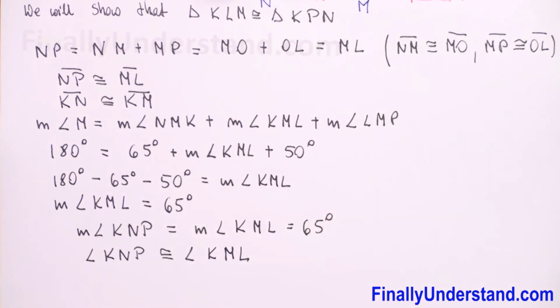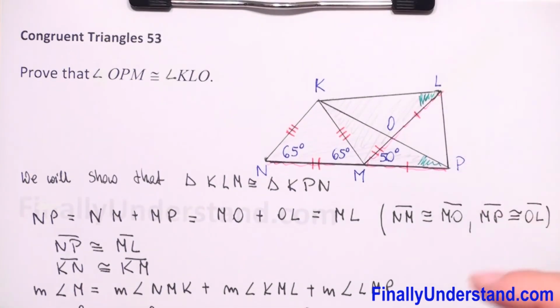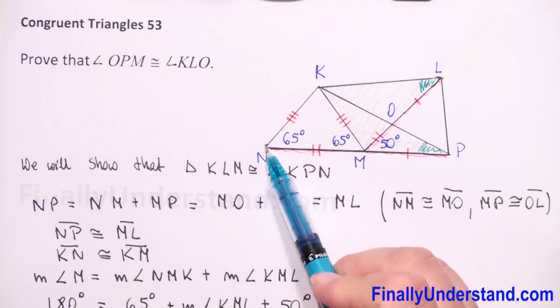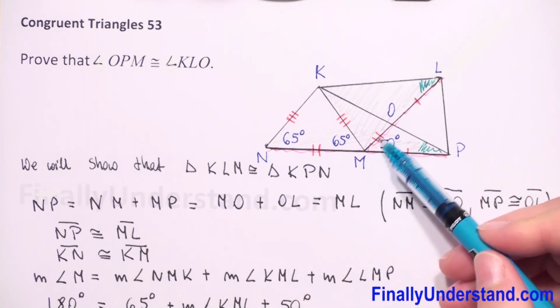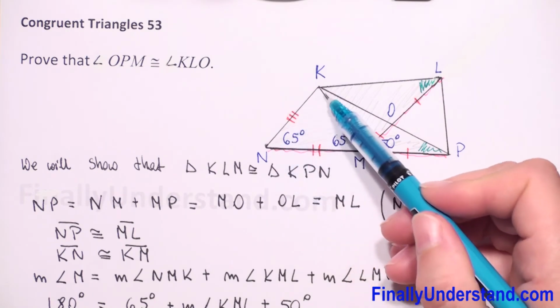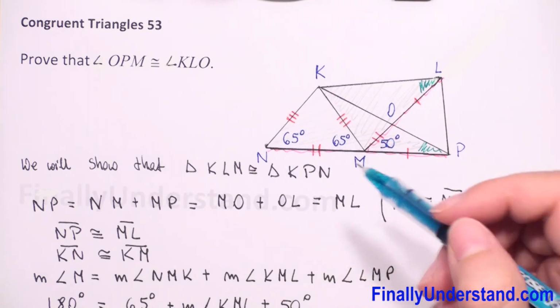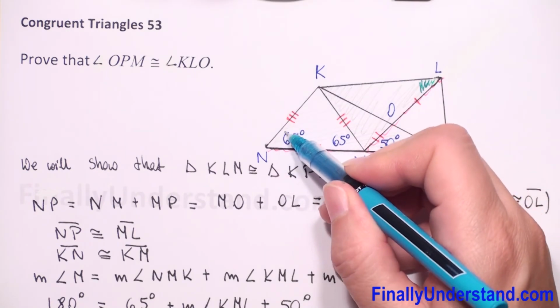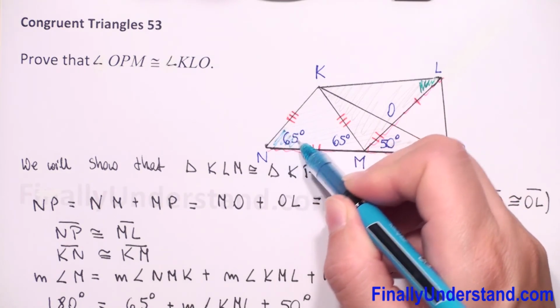We have now, let me use different color on this diagram. We have already that this side is the same like that. This is the same like that. And here we have 65 degrees.